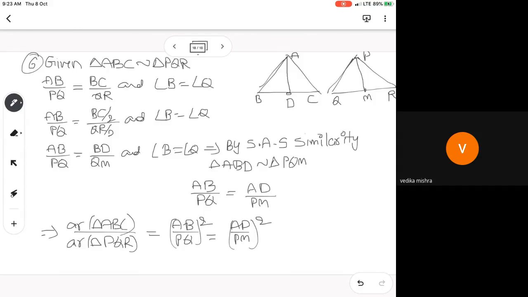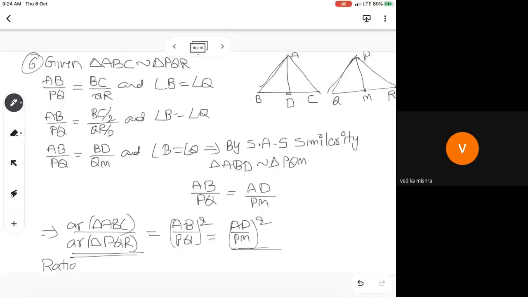Medians. So therefore the ratio of the areas of two similar triangles is equal to the square of the ratio of their corresponding medians. You have to write that statement at last. Therefore the ratio of areas of two similar triangles; what is given in the question, that you have to write.